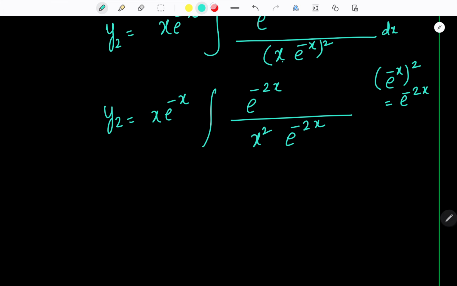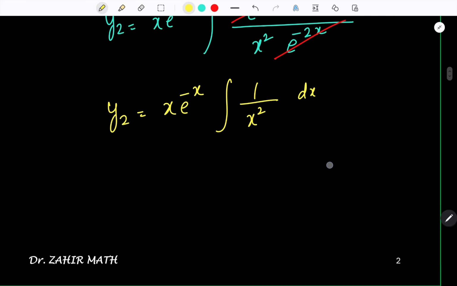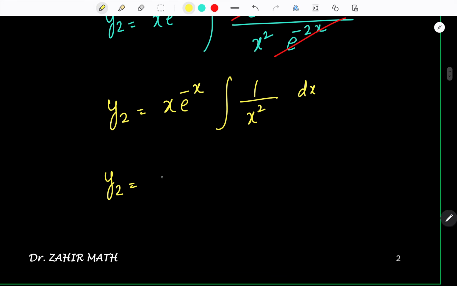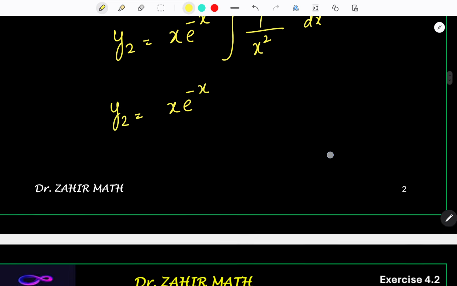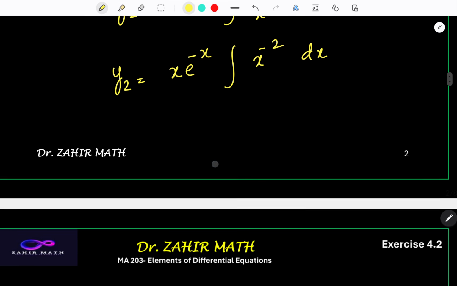So what happens now? e power minus 2x and e power minus 2x get cancelled. So y2 equals x e power minus x integral 1 by x square dx. So this is integral x to the power of minus 2 dx.